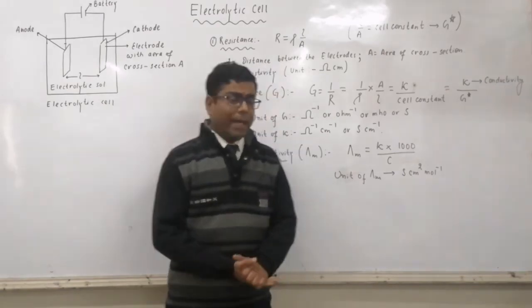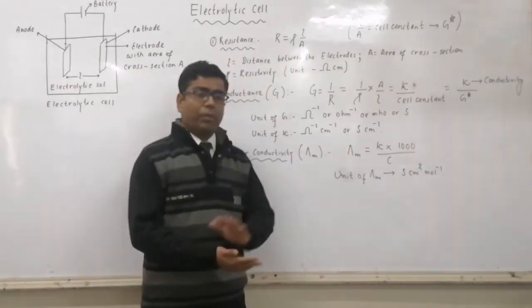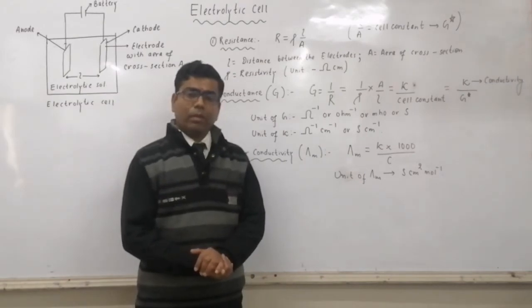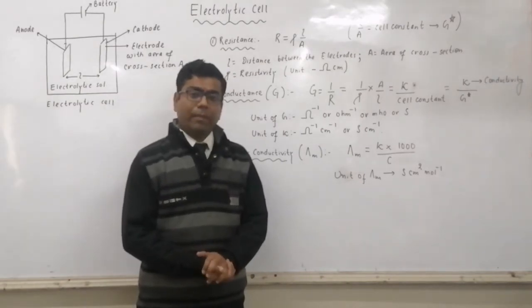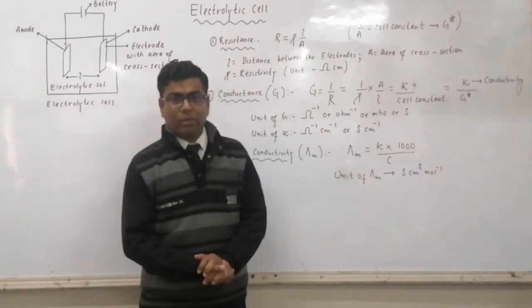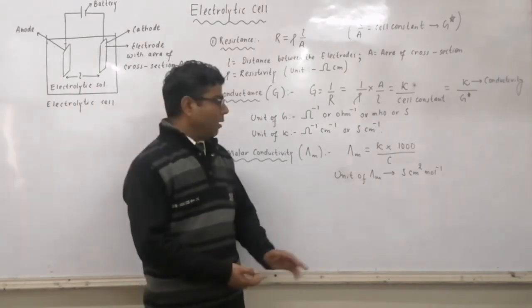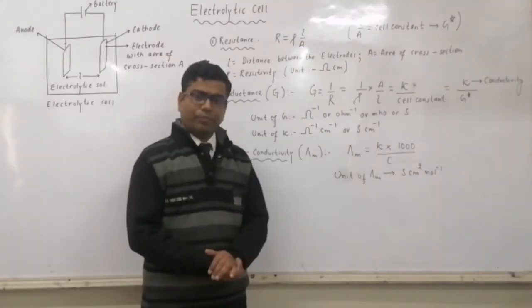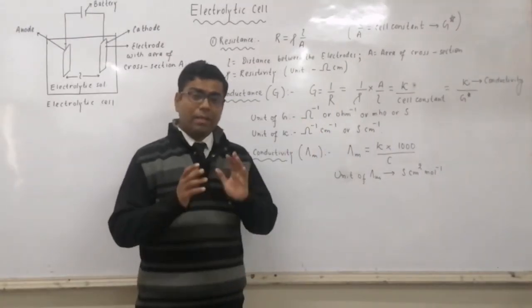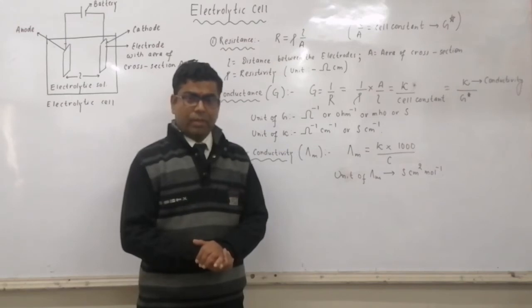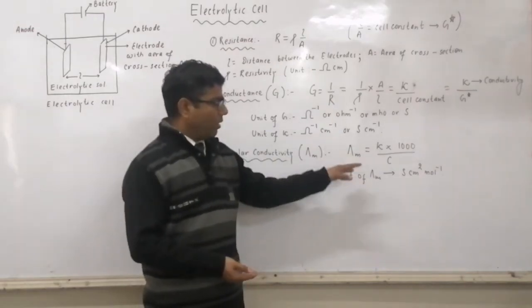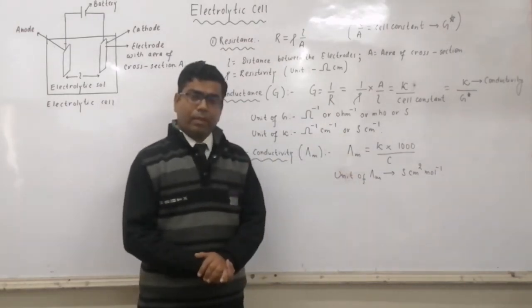It means we can say that there is an inverse relationship between molar conductivity and concentration or molarity. So if the concentration is increased, then the value of molar conductivity will decrease.